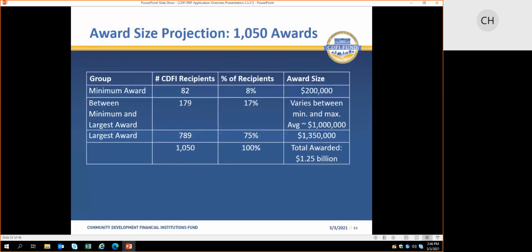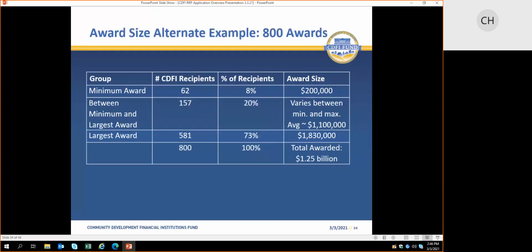Another 179 certified CDFIs, or about 17%, would have their award size vary, but between the minimum and the maximum. And then the largest award, all the remainder of the 789 certified CDFIs, or about 75% of the certified CDFIs, would receive the largest award. They would all receive the same amount. The remaining money would be divvied up, and that would be for an award size in that group of $1.35 million.